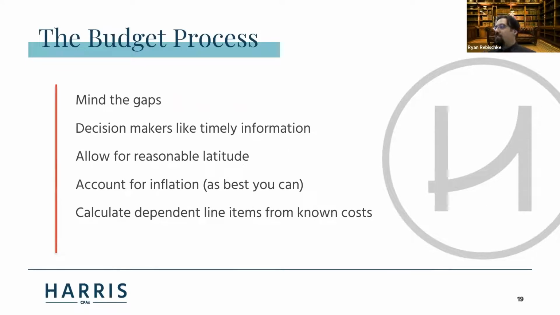Some important things to note for people who set the budget, and for those of you who get questions or get harassed from the people who set the budget. This is why. They're trying to mind the gaps to make sure that their budget is as accurate as possible.